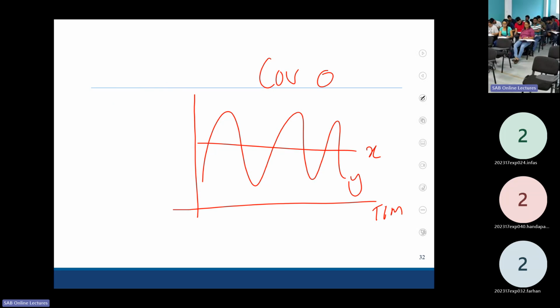Covariance is 0, so you cannot predict anything. There is no identifiable relationship between these two stocks' returns. But there is still a chance to get a moderate level of diversification advantage with zero covariance.